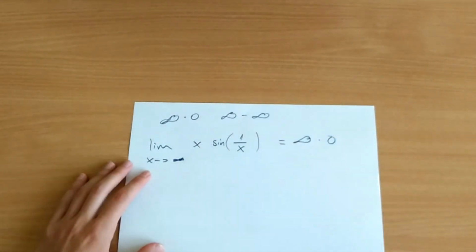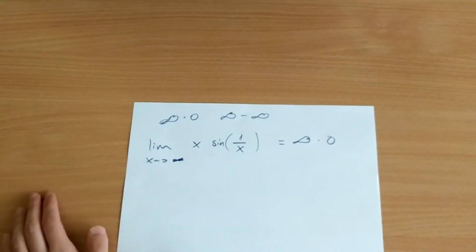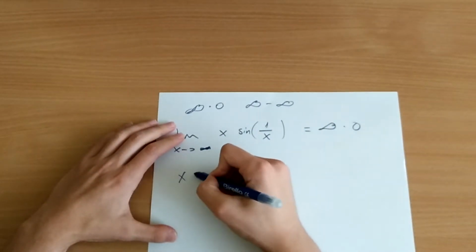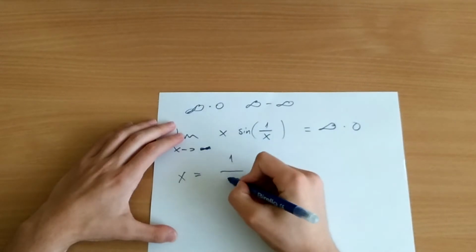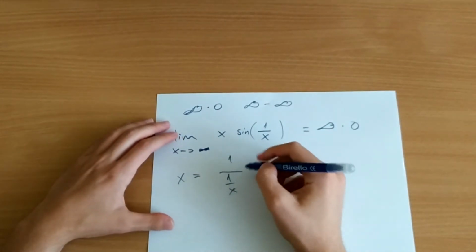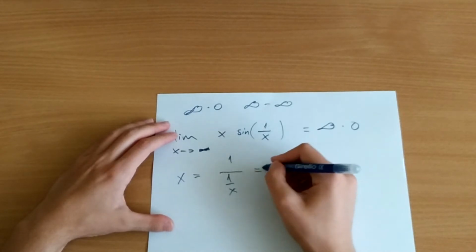Since here 1 over infinity we get 0. So what we can do is we can replace the x with 1 over x, and if we evaluate this we'll get the same value.